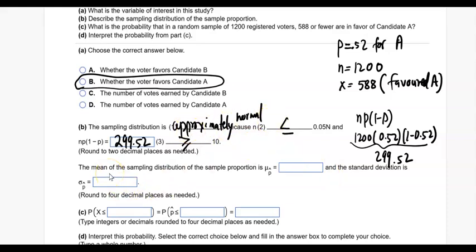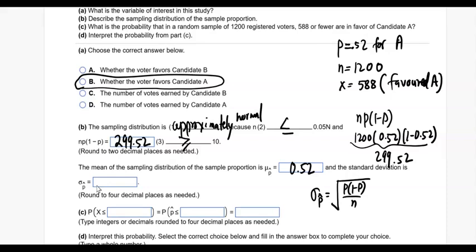The mean of the sampling distribution of the sample proportion is the same as p, which is 0.52. The standard deviation sigma of p hat is the square root of p(1 minus p) over n.